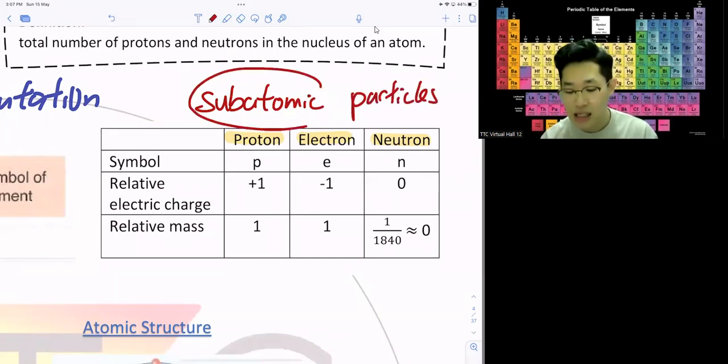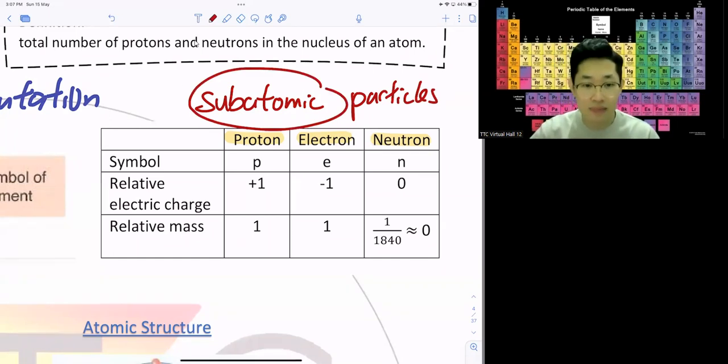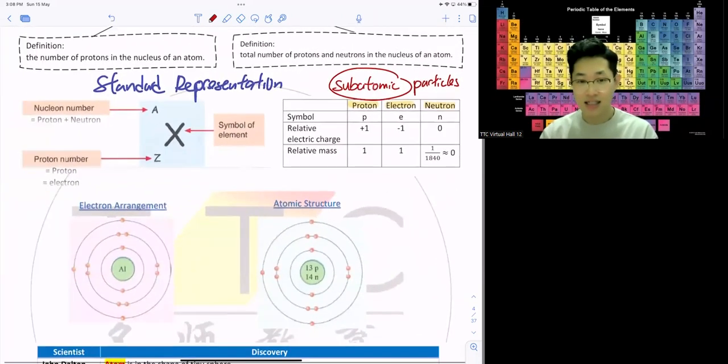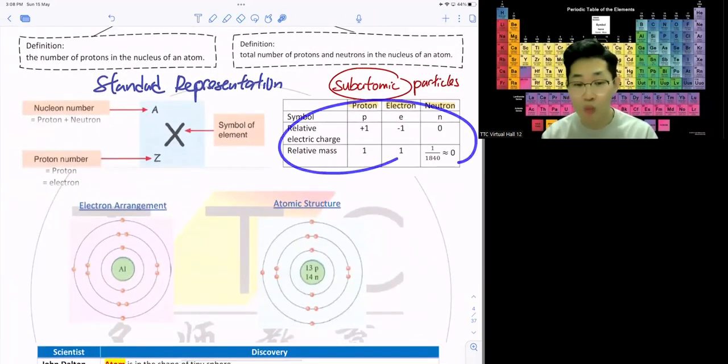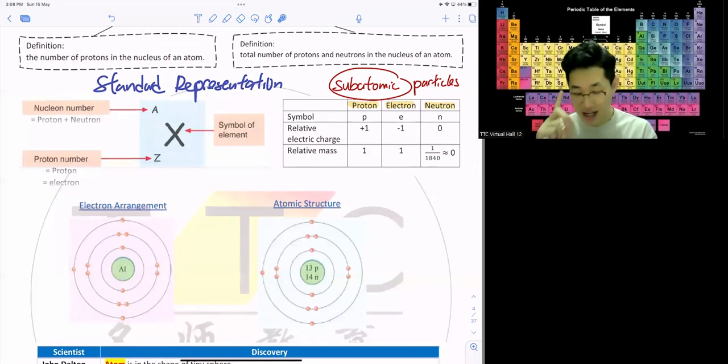So when you see subatomic, it actually means proton, electron, neutron. This is what you learned in form 1, right?